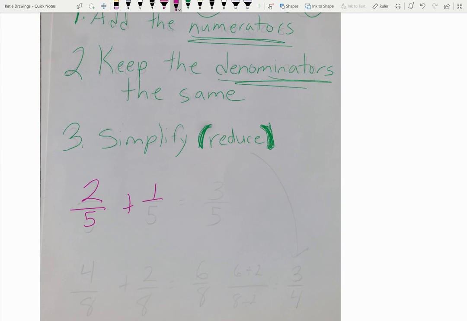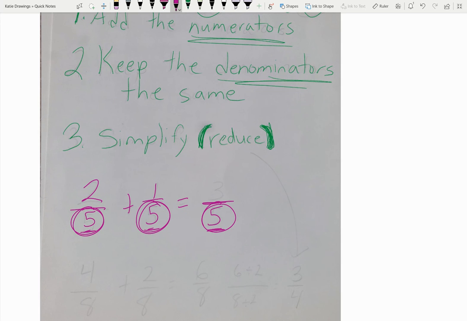2/5 plus 1/5. So these I love. You're always going to keep the denominators the same. So this was a 5, this was a 5, this is a 5 always. If this denominator and this denominator are the same, keep it the same while you're adding.